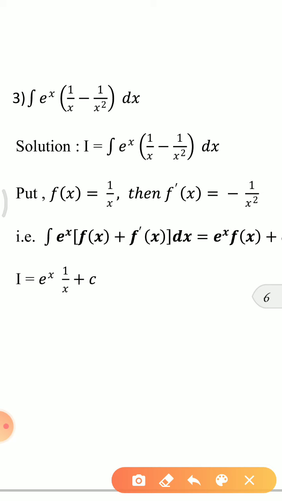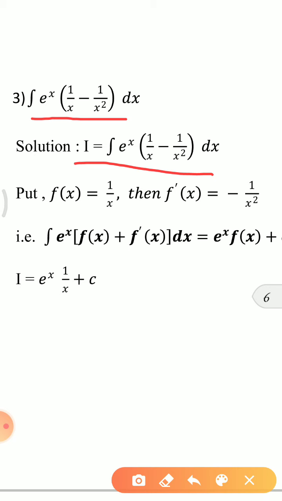Integration of e raised to x into bracket 1 upon x minus 1 upon x square dx here. Let us see the solution. Let I is equal to integration e raised to x into bracket 1 upon x minus 1 upon x square dx.